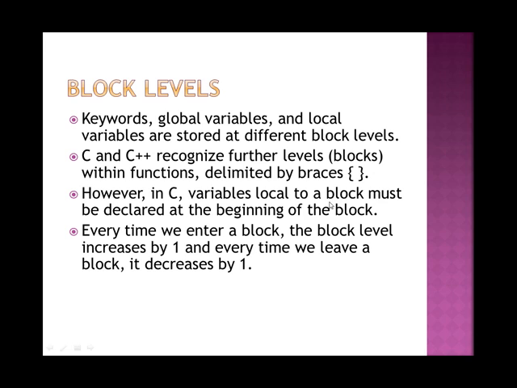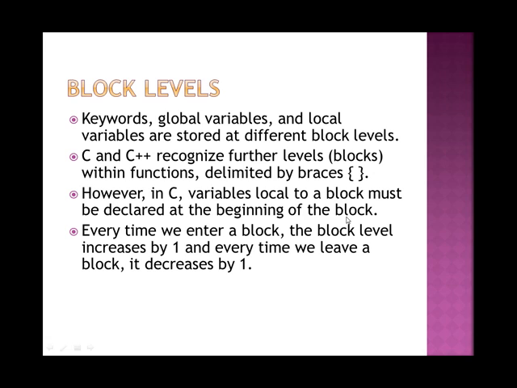However, in C, variables local to a block must be declared at the beginning of the block. That is, a variable declared for one block is available to that block only. It is local to that block and must be declared at the beginning of the block.